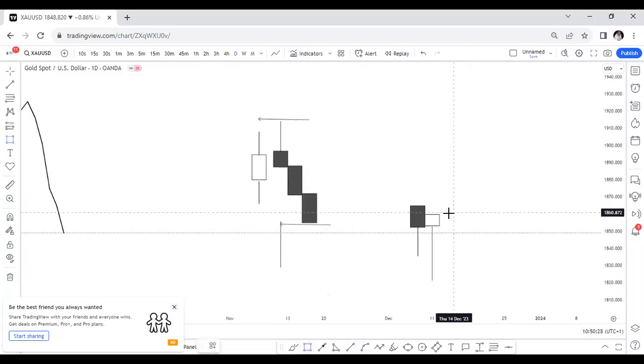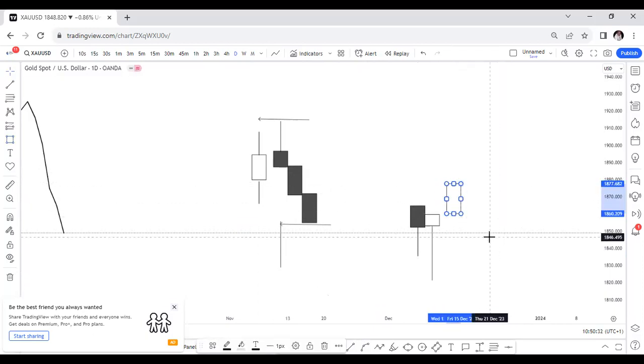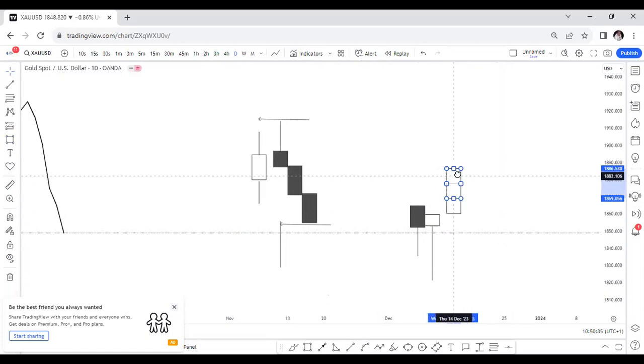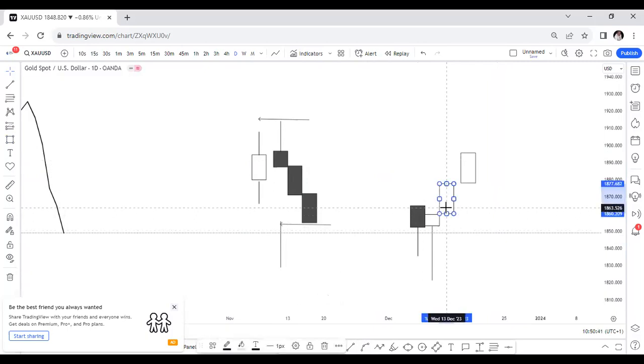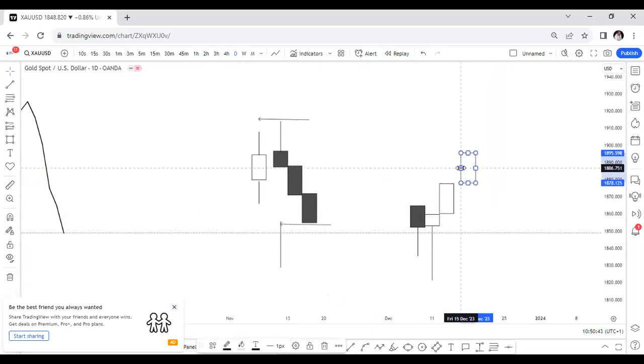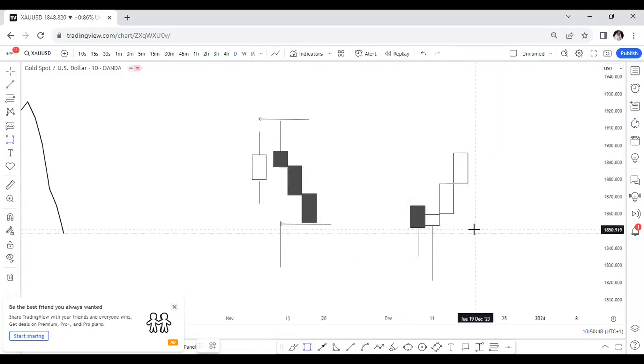Then you have another one opening higher, then another one opening higher. As long as you have this set of candlesticks, it's still engulfing. Because if you put them together, you have a single full body engulfing like this, covering up the entirety of this bearish candle. So that is what you need to understand about engulfing.